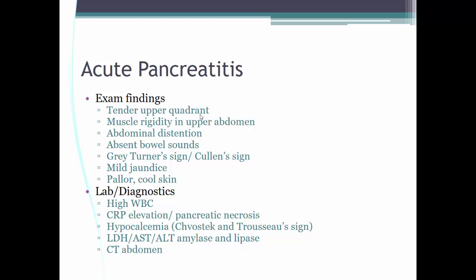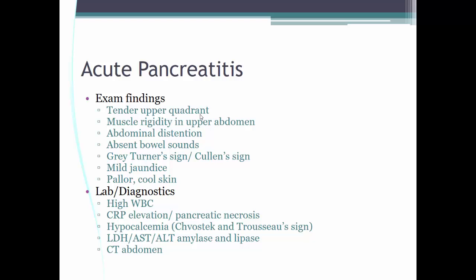Now, diagnosis is basically by serum markers and CT. Pancreatitis is suspected whenever there's severe abdominal pain, especially in a patient with significant alcohol abuse or gallstones, and of course, hypertriglyceridemia. So diagnosis may be clinical by suspicion, and serum markers of amylase and lipase will be elevated.